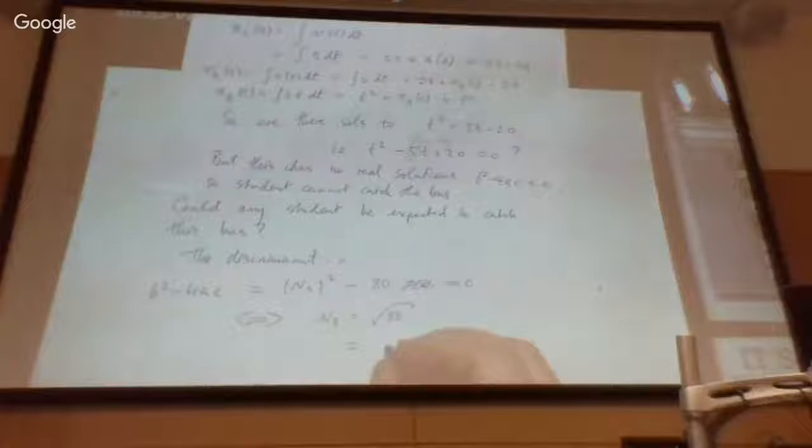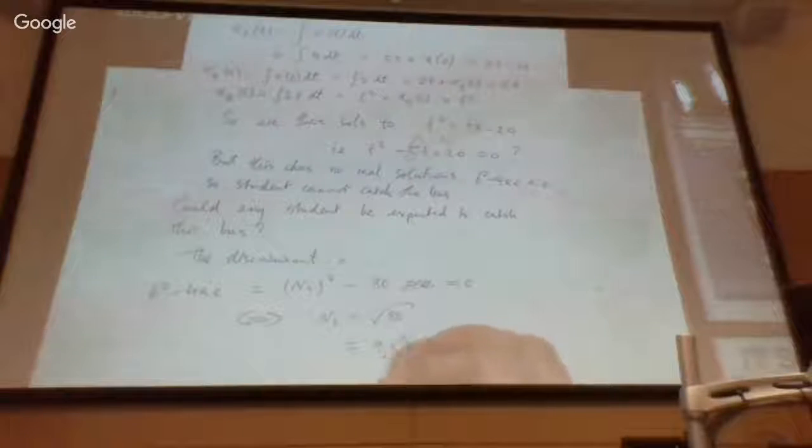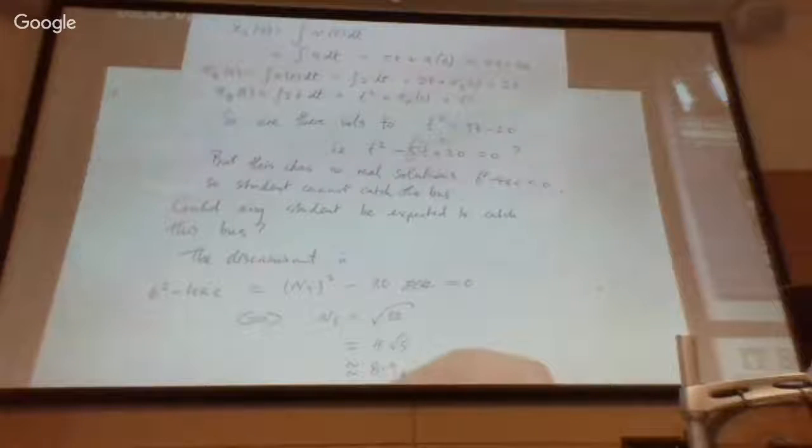So this is equal to 0 if and only if the velocity is the square root of 80. Well, 80 is 16 times 5, and 16 has a square root of 4, so that's 4 times root 5, which is approximately 8.94 meters per second.